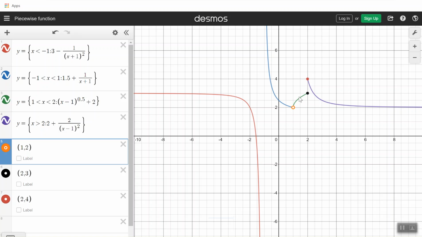Then there's a jump discontinuity over here between our green and our purple functions, because I have to pick up the pencil and jump up or down on the graph to continue drawing the next part. These are the types of things you're going to be looking for when you're graphically trying to identify discontinuities. Wherever those discontinuities are, that's where our function is not continuous, and you'll find where it's continuous based on those x values.